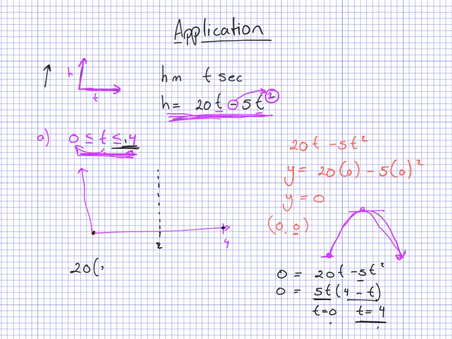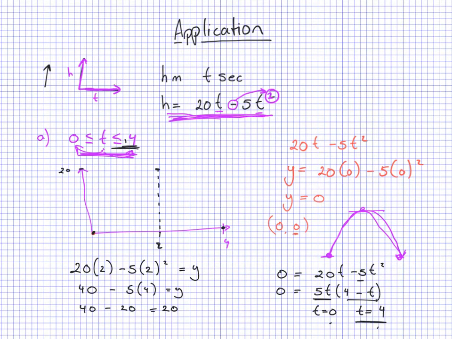So 20 times 2 minus 5 times 2 squared equals y. That's 40 minus 5 times 4 equals y, and 40 minus 20 is 20. So the turning point is up here at a height of 20.